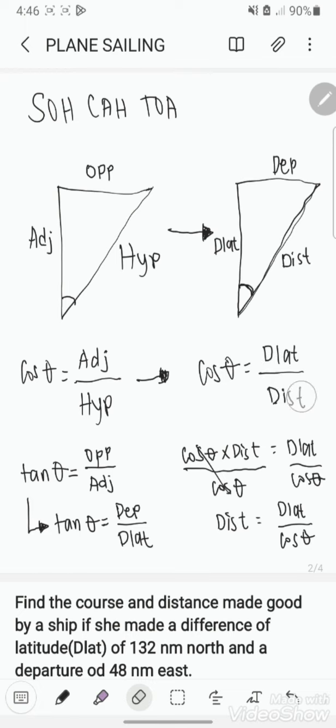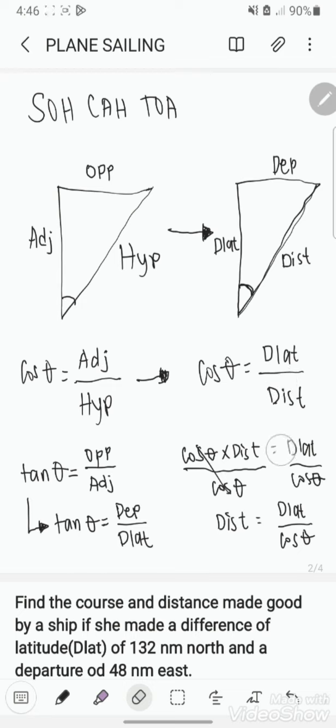We just need to cross multiply: distance times cos theta is equal to dlat, since the other side always has a denominator of 1.